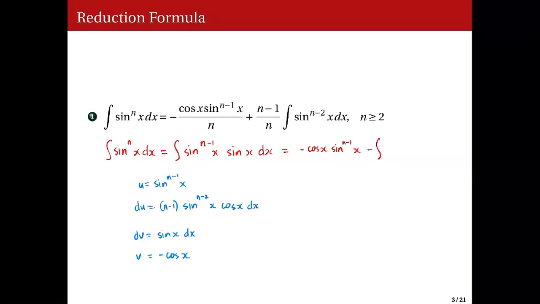So we will have negative, then the quantity n minus 1, and then sine raised to n minus 2 x. You have the cosine in du, and you also have cosine from the v. So v du gives cosine squared x dx.